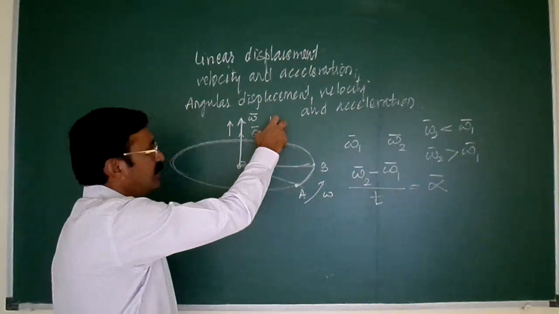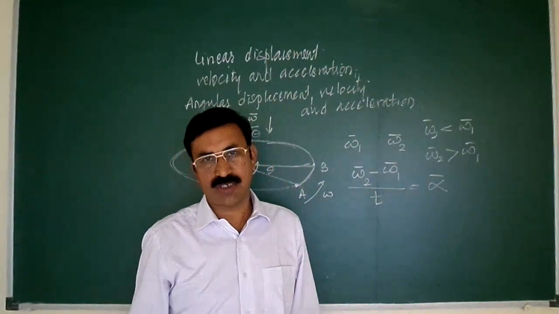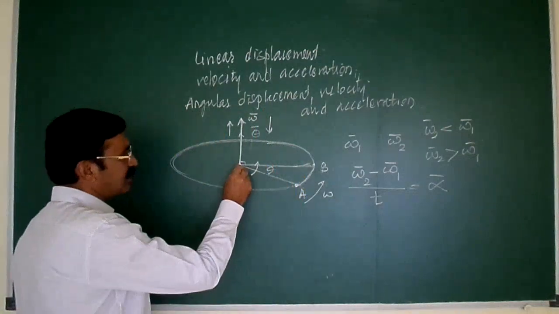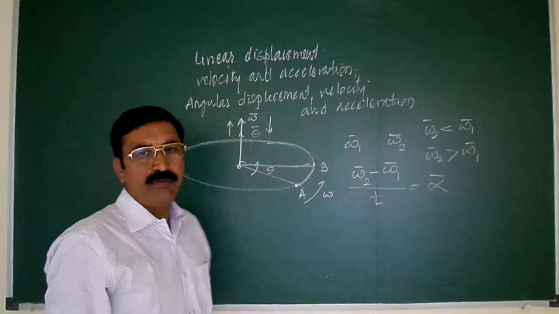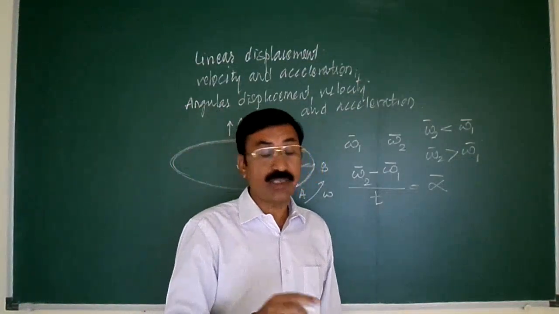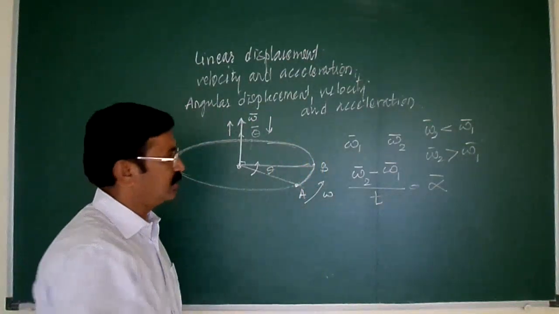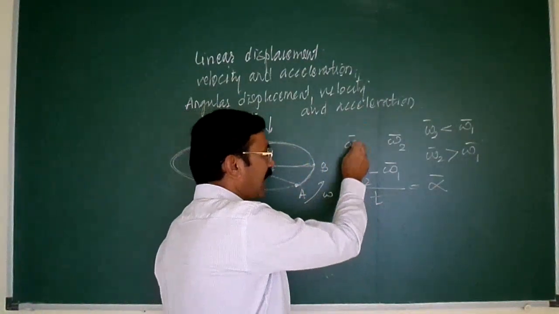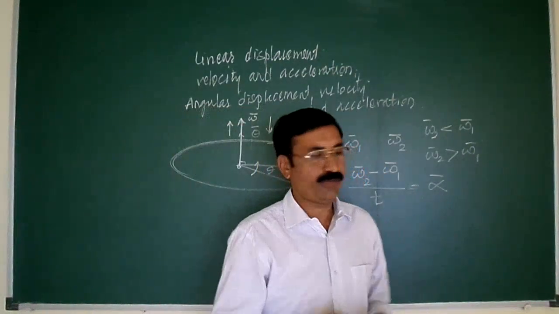It means that the particle is getting slowed down on the circumference of the circle. So the direction of angular acceleration is perpendicular to the plane, but whether it is in the upper direction or the downward direction will depend upon the values of the initial and final angular velocities.